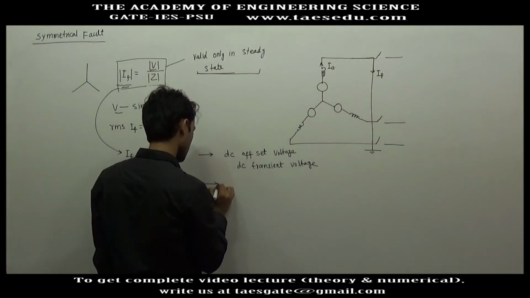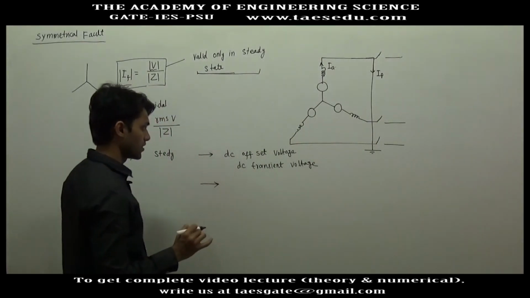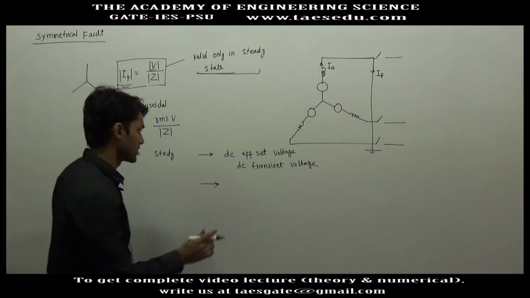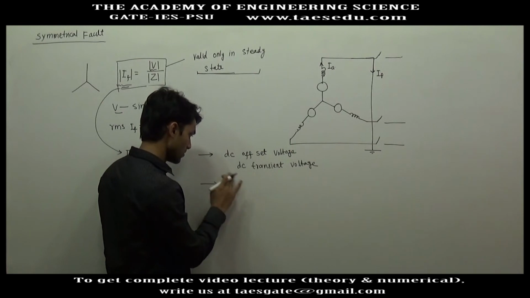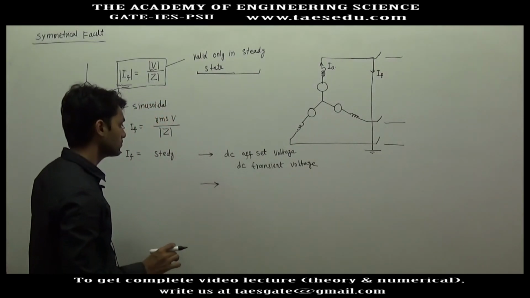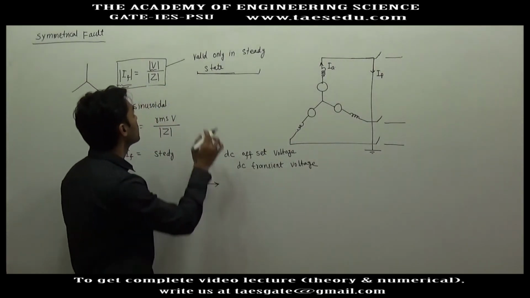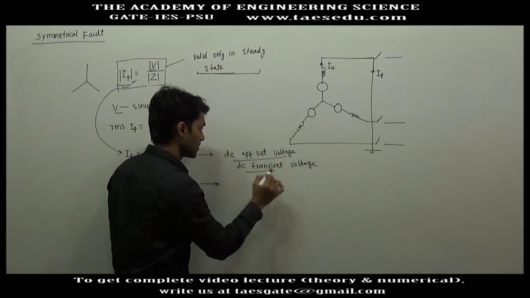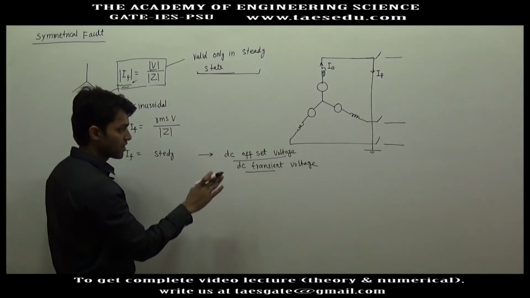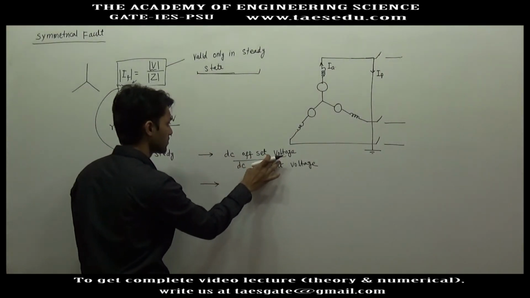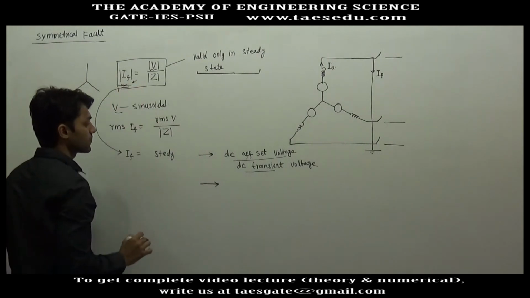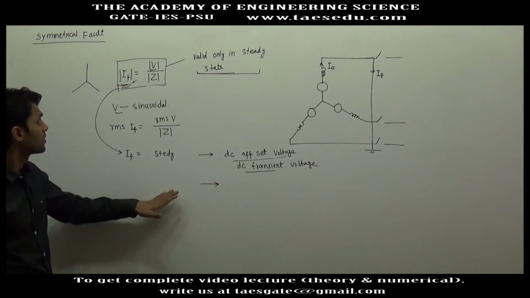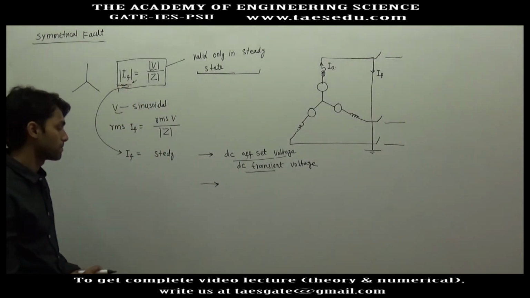And the second transient will be, I'm not sure whether I should say transient or not, but there will be one more factor which will affect the fault current. Due to DC offset voltage, there will be some effect on the actual fault current, and there is one more factor which will have an effect on the total fault current.